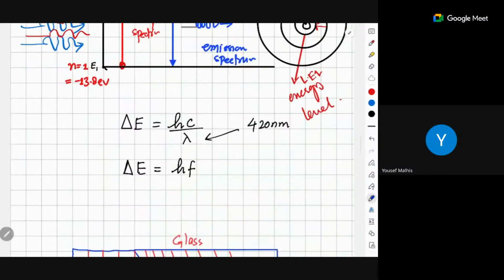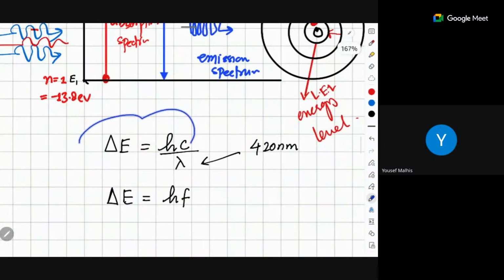All the calculations required here are based on this formula: the energy level difference is E2 minus E1, and that can be used to calculate the wavelength of the emitted photon.